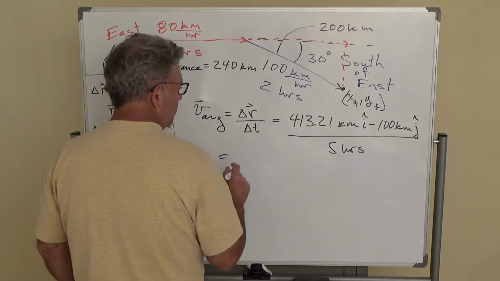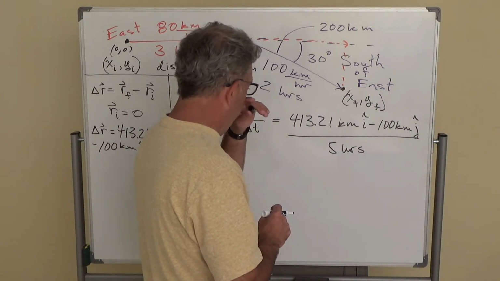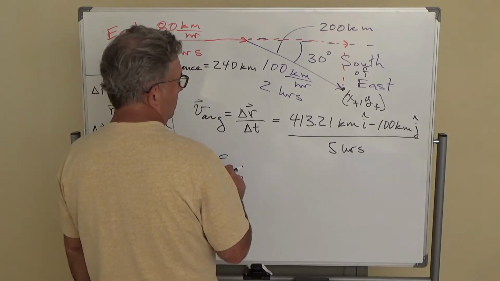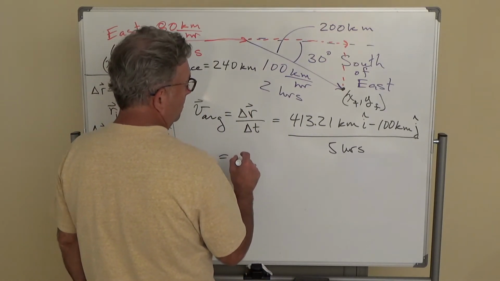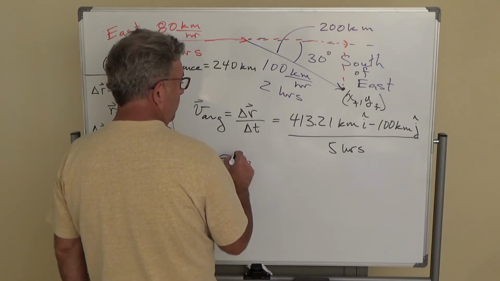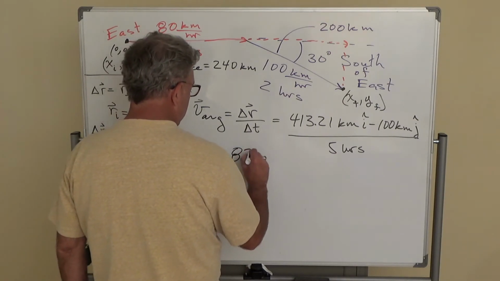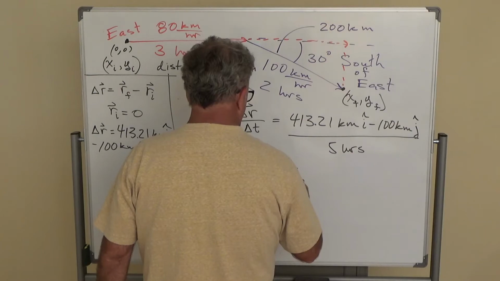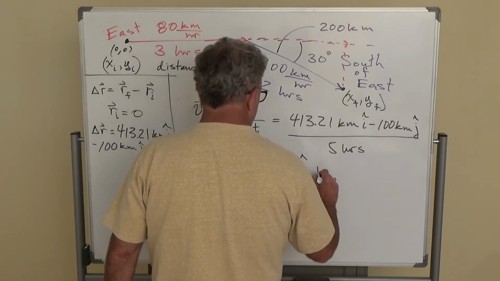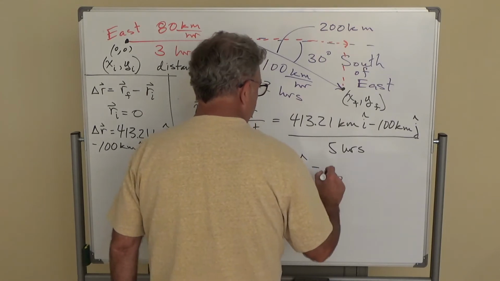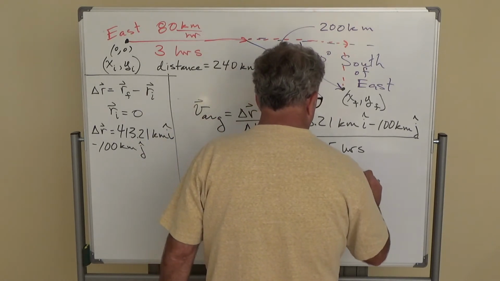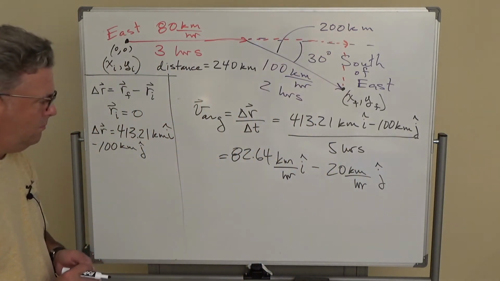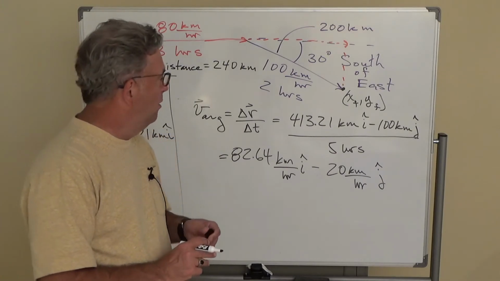So this is equal to 413 divided by 5. That's about 82 point something? Yeah, I got 82.642 kilometers per hour, I hat minus 20 kilometers per hour J hat. That's the average velocity in component form.